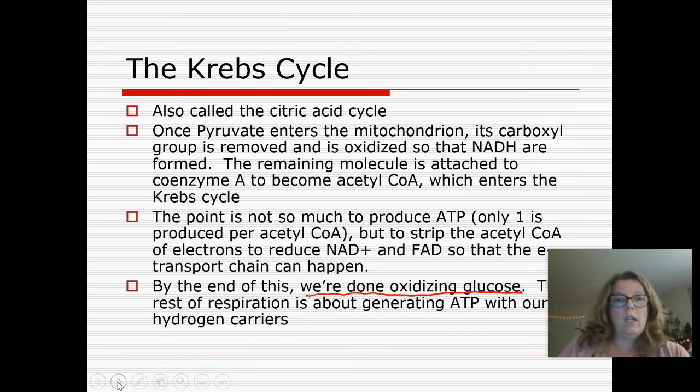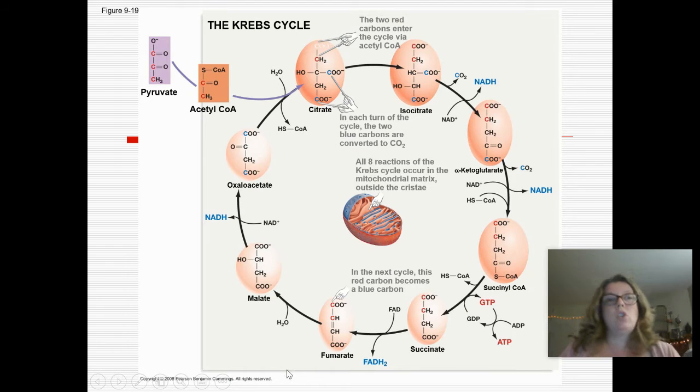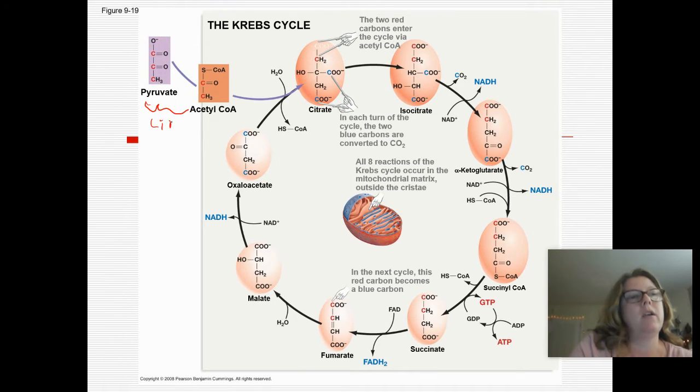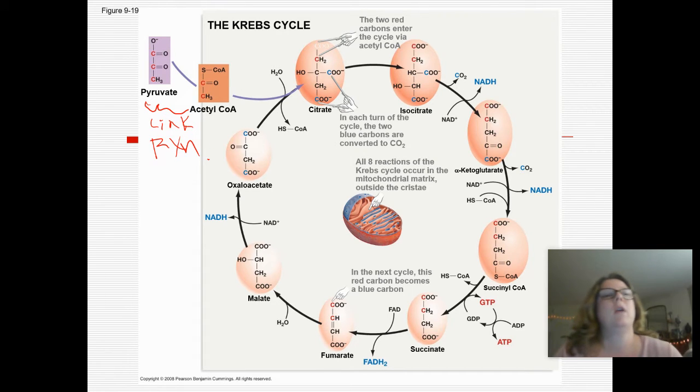So again, let's dig in. And I'm just showing you backbones here. I'm not trying to show you big, complicated molecules. But again, this is what we would call the link reaction right there. But notice here's our acetyl-CoA coming in, and it's bonding to oxaloacetate to create citrate, which is why the Krebs cycle is often called the citric acid cycle.